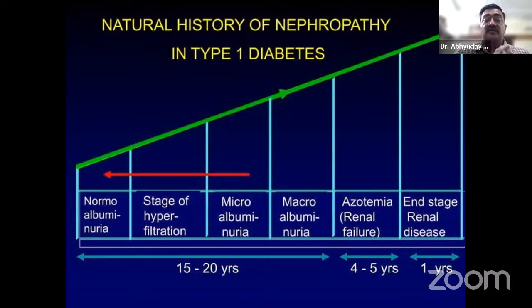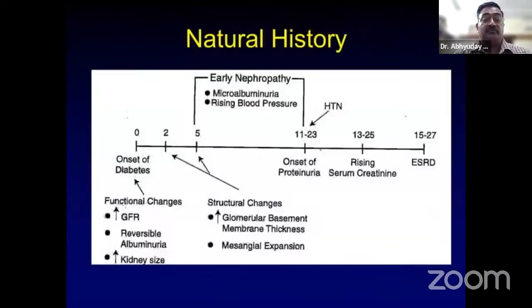And we should try to screen our patients as early as possible, maybe at the stage of hyperfiltration itself, or maybe at microalbuminuria, where at these stages we can reverse and bring the patient to the stage of normal albuminuria. And this is a mixture of whatever we have talked about: early nephropathy, microalbuminuria, and rising blood pressure, where there is an increase in GFR, microalbuminuria which is reversible, and slightly increased kidney size.